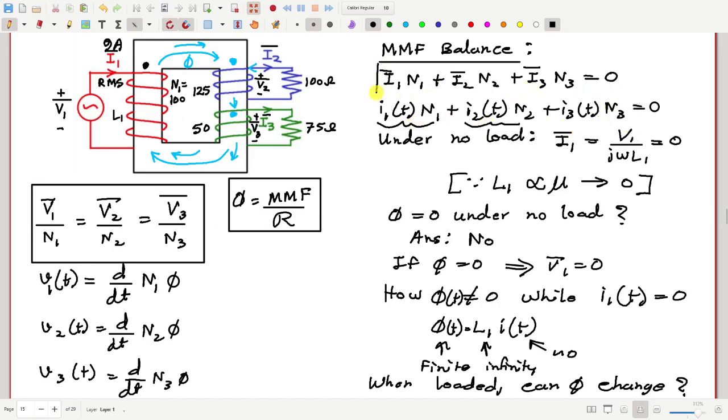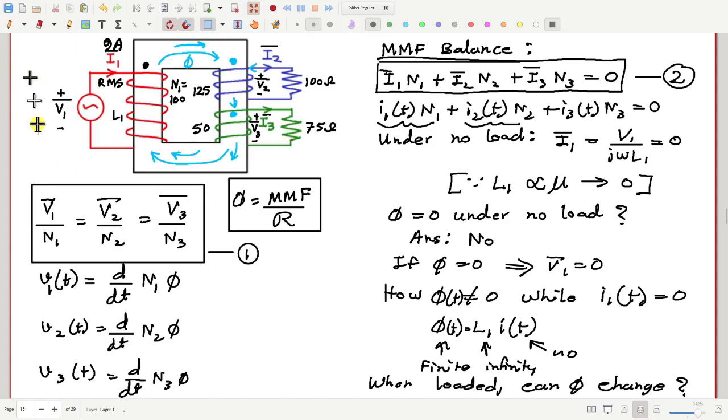So I have these two equations, which we call equation number 2, and this is equation number 1. These two together will help me to solve this question. So let me solve it.